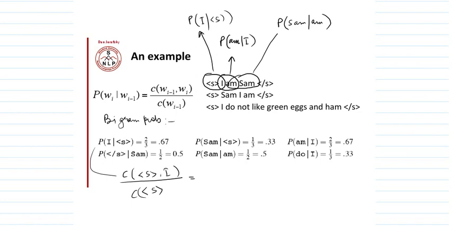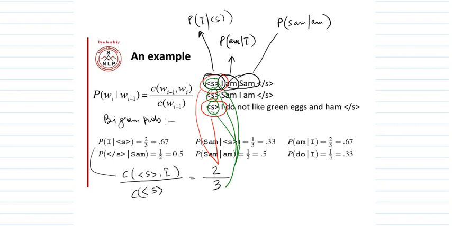The count is 2, we have it in one place and another place. And the count of start is 3 times here, 1 2 3. In this way we can calculate all the different probabilities.